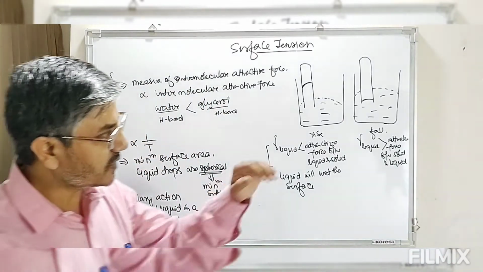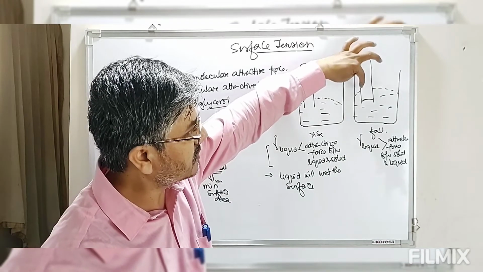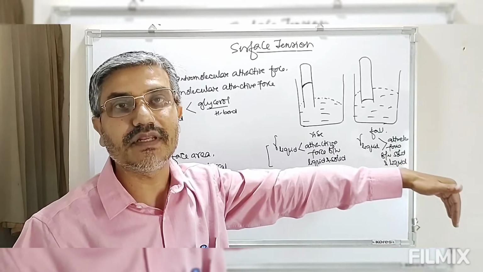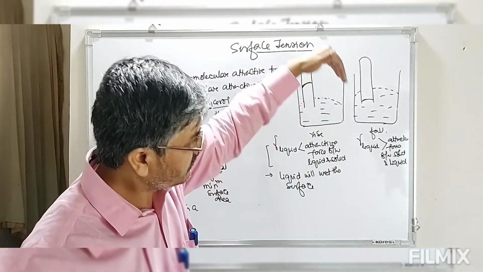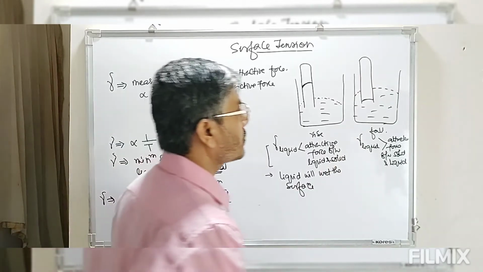So if the surface tension of the liquid is greater than the attractive force between the liquid and the surface, then there is a fall in the capillary tube. When there is a fall in the capillary tube, there won't be wetting. The liquid will not wet.